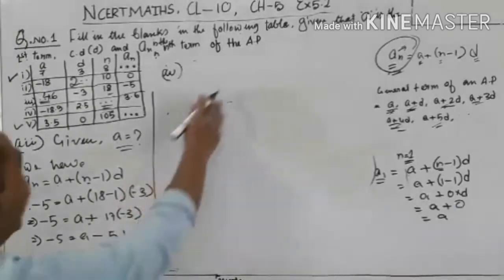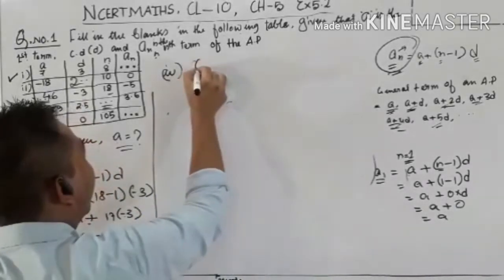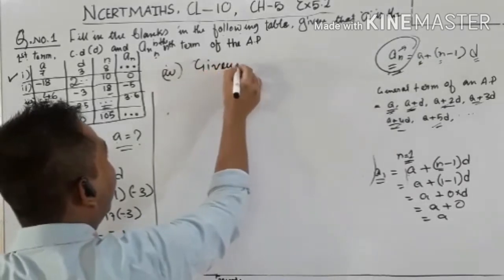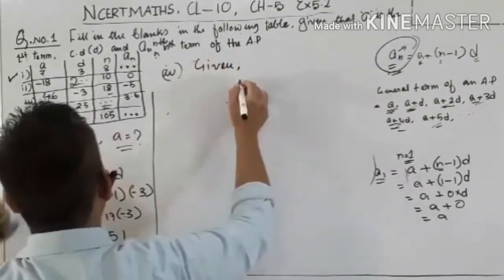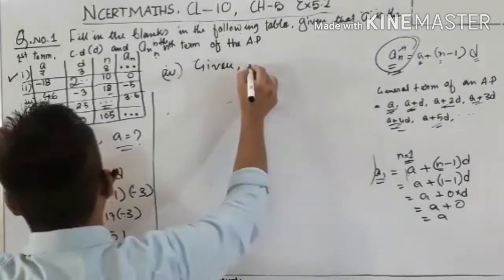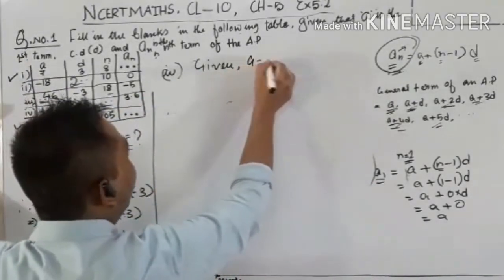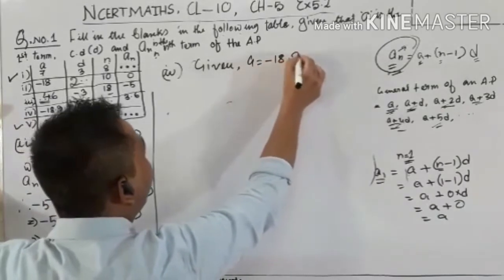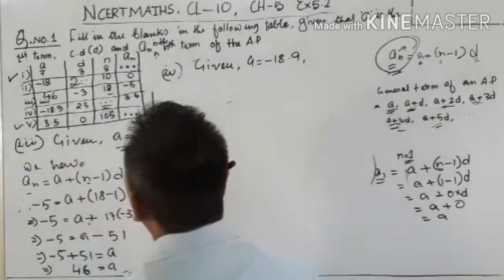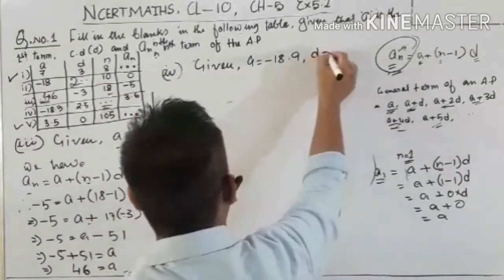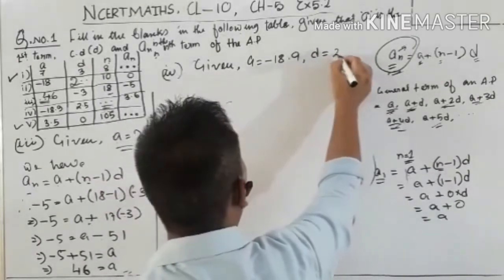Next, there is Roman number 4. Okay, what is given? First term, is it the first term? Yes or no? First term, right? So a equals minus 18.9, and common difference d is 2.5.